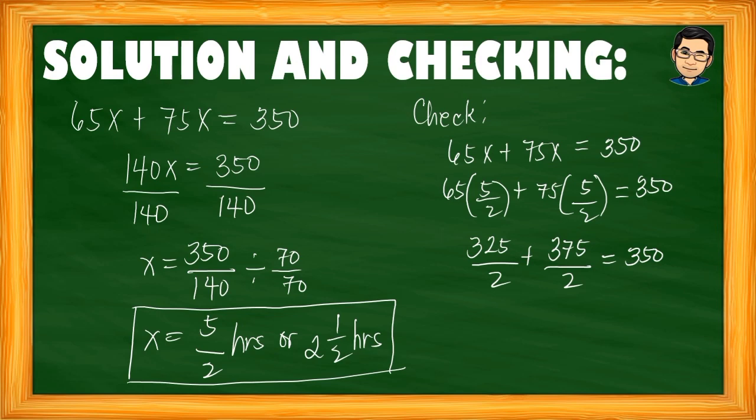So 325 plus 375 is 700 over 2 is equal to 350. So we'll divide 700 by 2, we'll get 350. And that is equal to 350. So tama po na pagdating ng after 2.5 hours, so yung dalawang bus will be 350 kilometers apart.